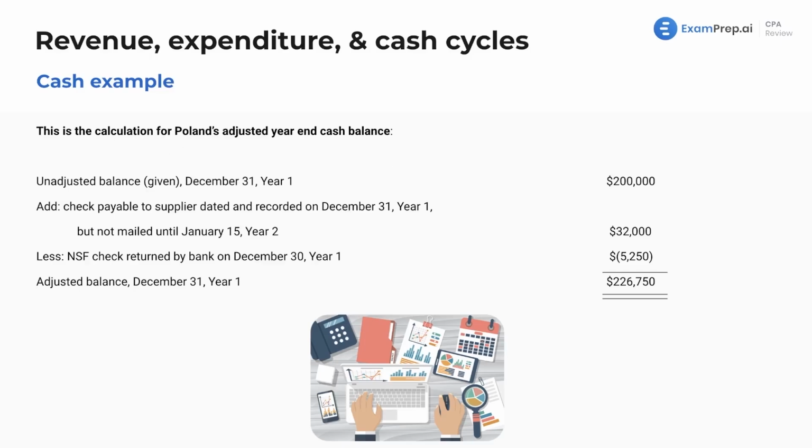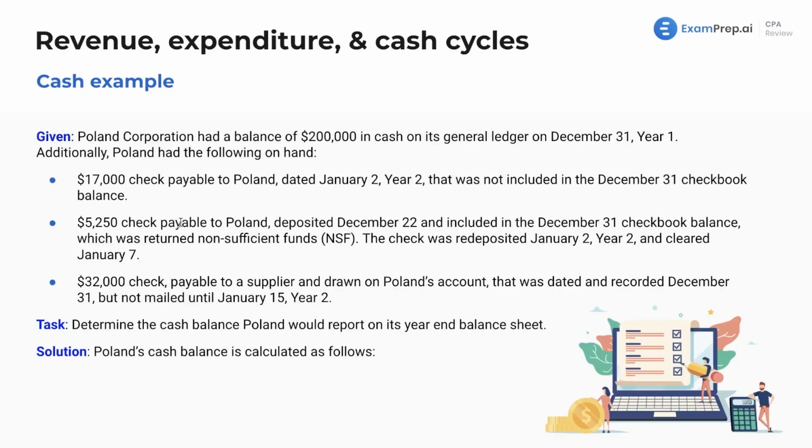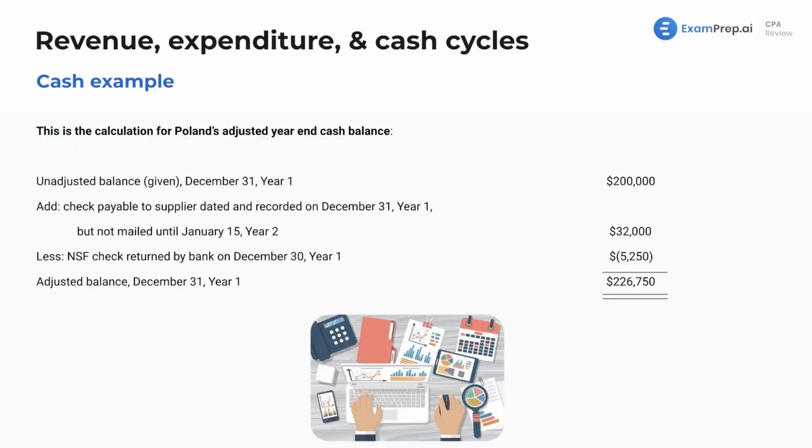However, in reality, what happened, if we read back here, it was not mailed until January 15th. So that person didn't even have the ability to take that money out of our account until year two. So as such, we should not subtract that $32,000 out of our balance until we have a year two balance. So we're going to add this back.